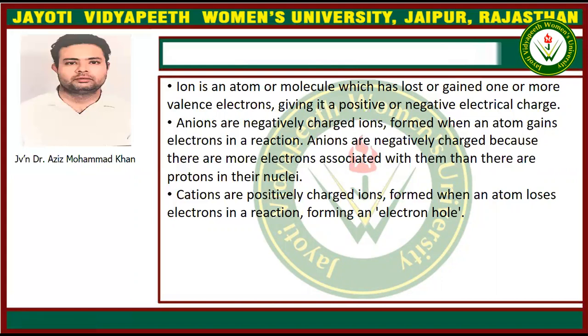Cations have protons in their nuclei, and cations are positively charged ions formed when an atom loses electrons in a reaction. So the particles are separated on the basis of their charge.